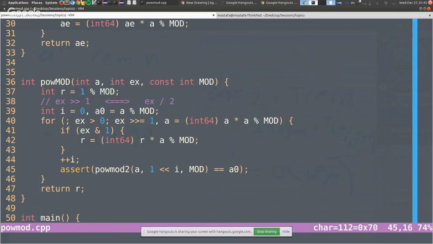We should always have that at the ith step of this loop, a now is equal to the original a0 to the power of 2 to the power of i. And then here we check if the corresponding bit is equal to 1, then we multiply this a by the result.